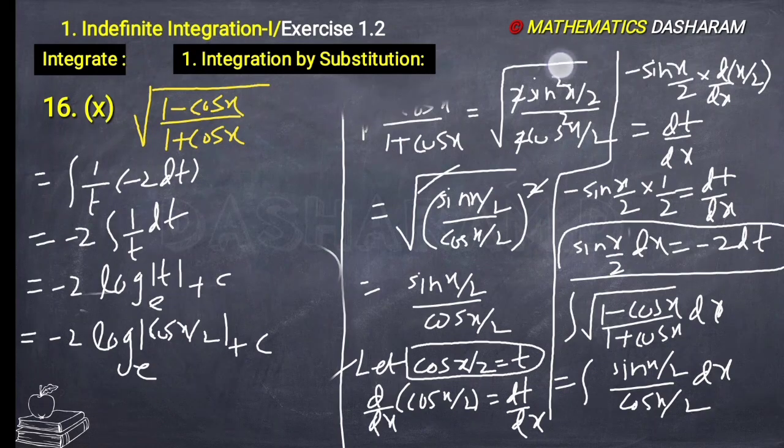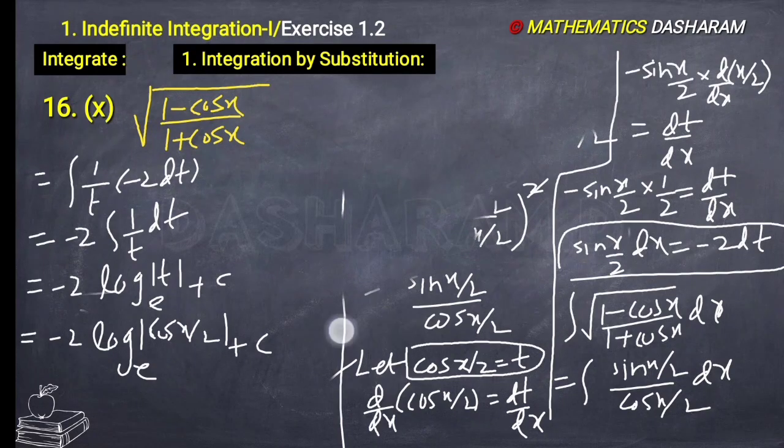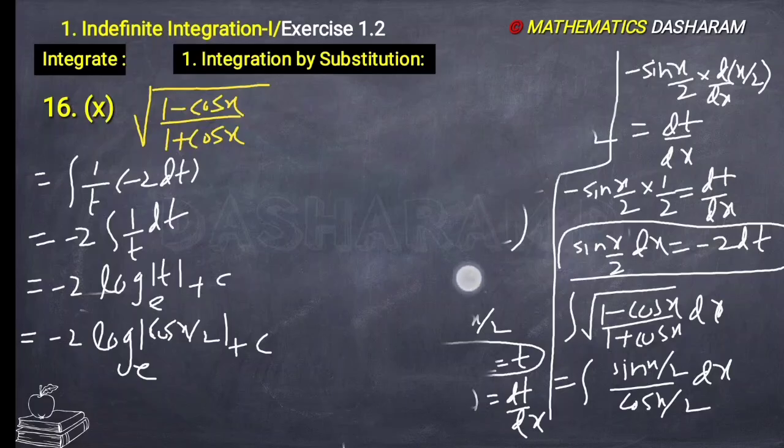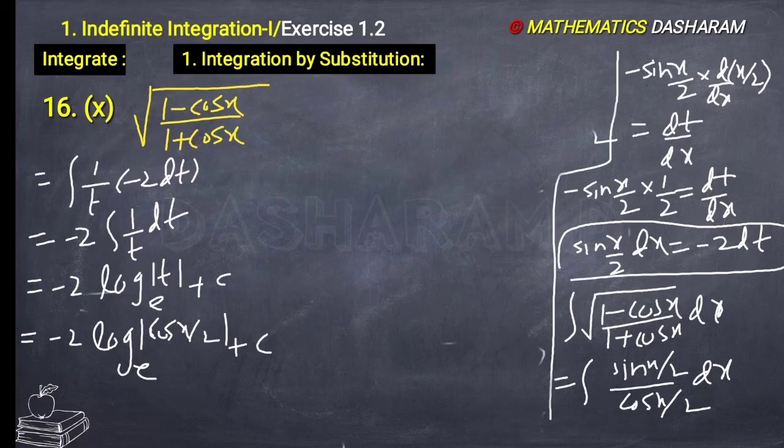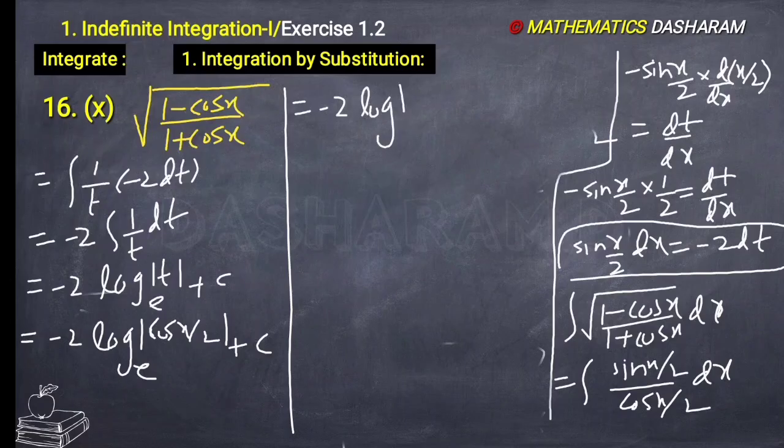See how to simplify this answer. It is equal to minus 2 log mod cos(x/2), which we can write as 1 by sec(x/2). Am I right? 1 by sec, the answer is what? Cos.